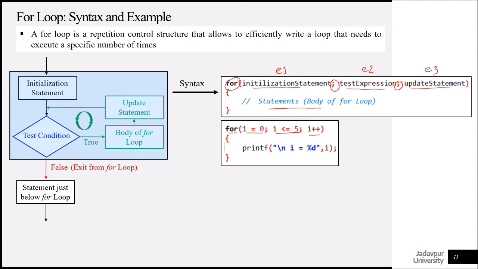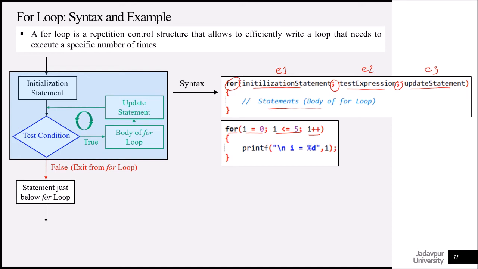So at the top of the loop, there would be the initialization. First of all, i would be assigned a value of 0, and that would be checked against this value of 5. If it is true, it goes inside the loop, prints the value of i as i equal to 0, and then it will evaluate the update statement.